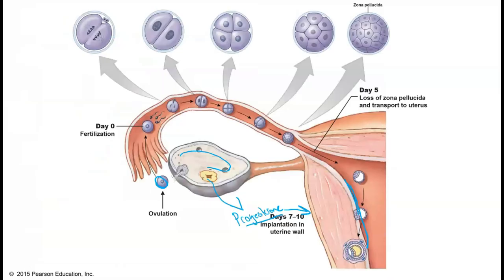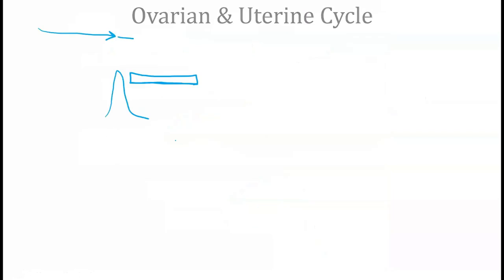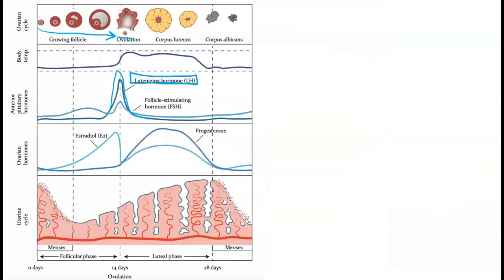Well, that's the cue to the body that it's time to kick the egg out, and so the egg gets ovulated, and then it passes into the infundibulum. So that's one important event here in the timing of everything. And then remember that all of these cells that are left over become the corpus luteum. That starts making progesterone, so you start to see the progesterone levels increase. You'll also see that with progesterone levels increasing, you're also seeing a proliferation of the inner lining of the uterus.